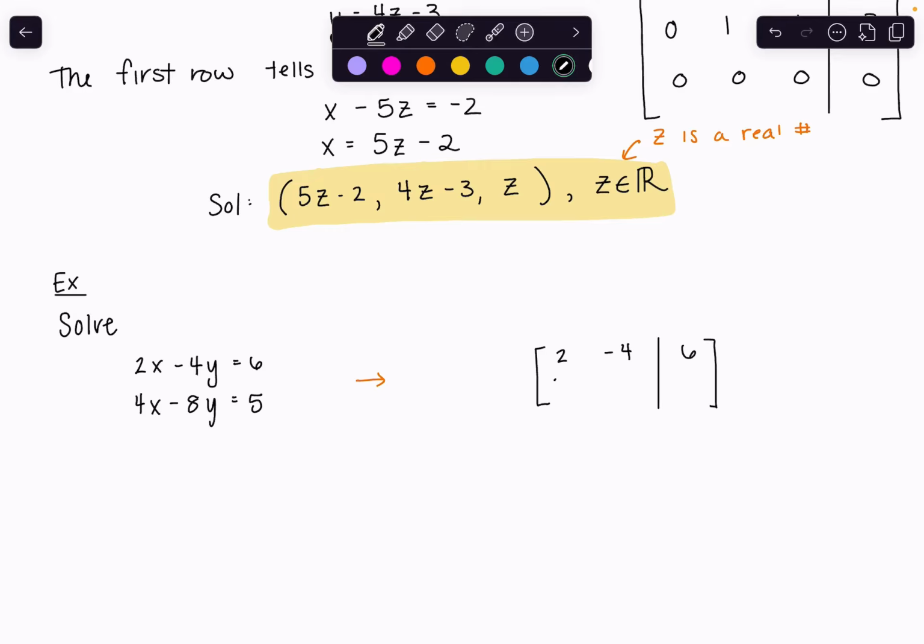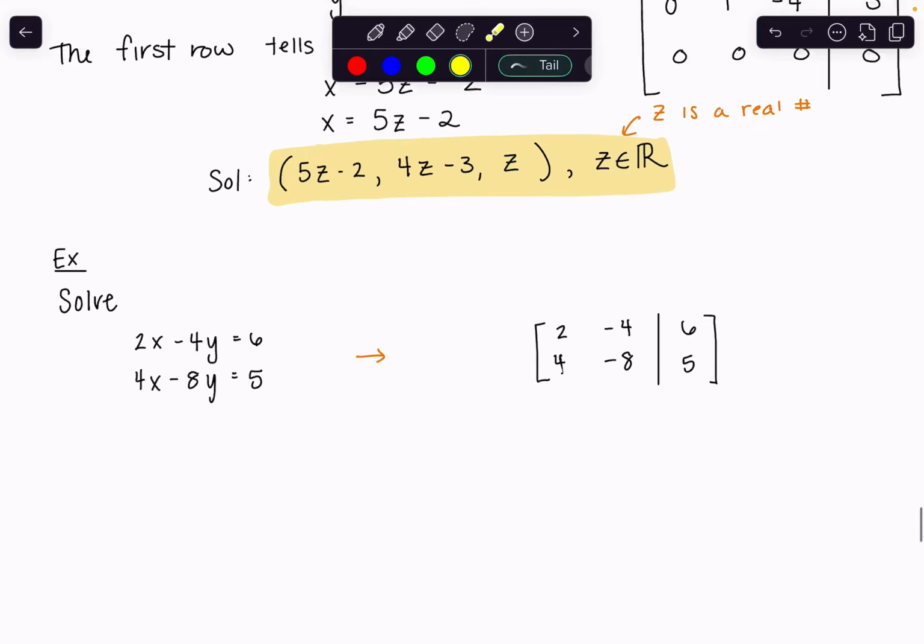And then that second row is 4, negative 8, and 5. So hopefully by looking at this, you can tell there's no solutions because you just multiply those coefficients by 2, but you don't do the same thing to that constant. So really these two lines run parallel to each other, but will never intersect.